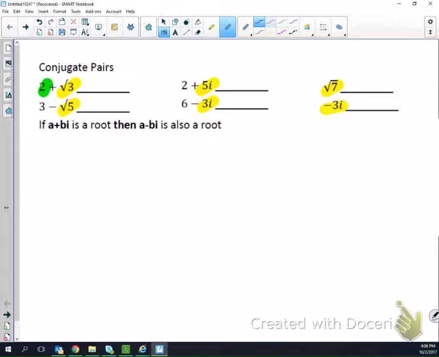Now what we mostly care about is recognizing that the rational number in these conjugate pairs is going to stay the same, so 2, and then the sign on our irrational number or on our imaginary, that's going to change. So rather than 2 plus square root 3, we have 2 minus square root 3. Rather than 3 minus square root 5, we'll also have 3 plus square root 5.